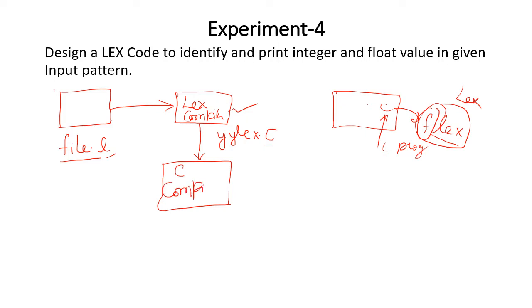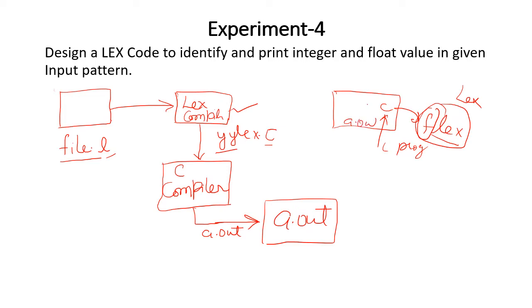Now the C compiler is able to compile this yylex.c, and it will compile this file, and this is generating one more file in this particular folder, a.out. Now this a.out is basically the executable file, rather, we'll say.